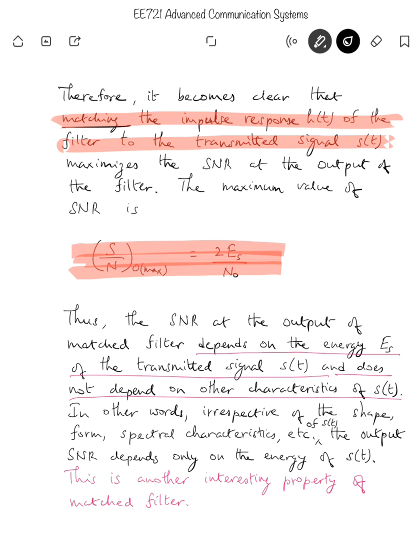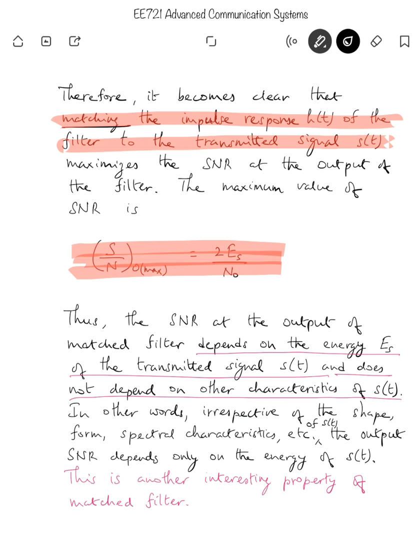All right, and the other interesting thing that we notice here is that the output signal to noise ratio, as seen from this equation here, the maximum signal to noise ratio, depends on the energy of the transmitted signal, but it does not really bother about the other aspects of the transmitted signal. All it depends on is the energy of the transmitted signal Es.